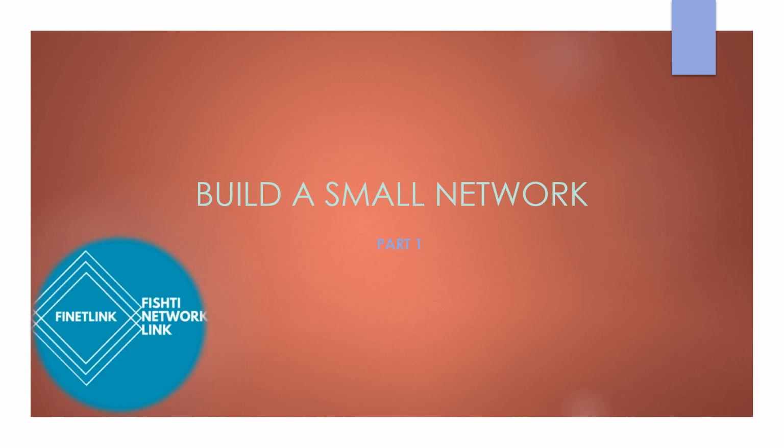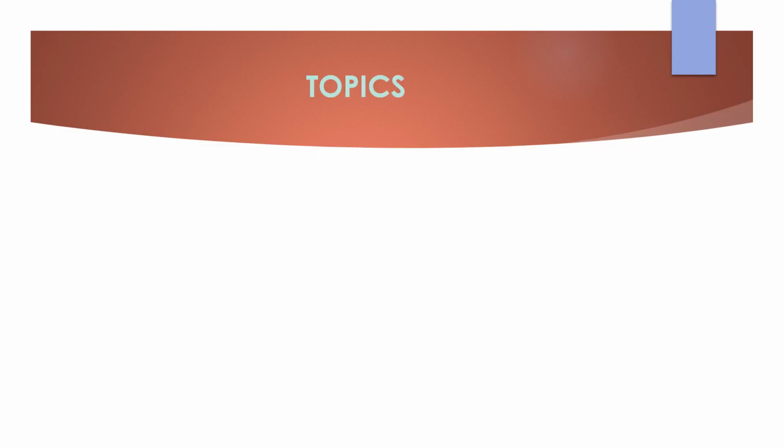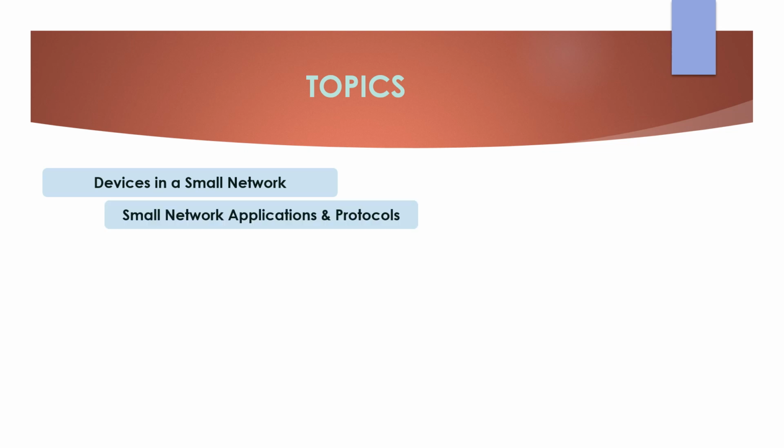The topics and the objective of this material is to implement a network design for a small network to include a router, a switch, and an end device. The topics that we will see will be to identify the devices used in a small network, to identify the protocols and applications used in a small network. We will even explain how a small network serves as the basis of a large network.